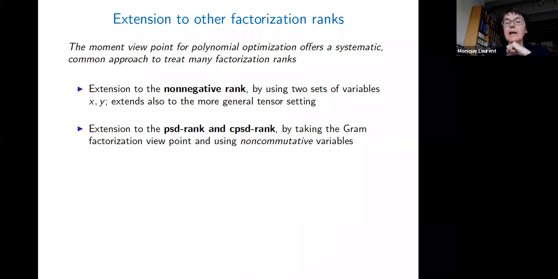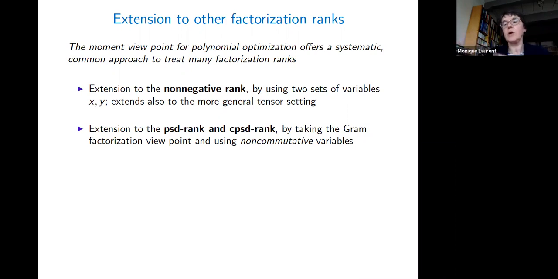I have described it only for the CP rank for the interest of time, but the same method works for the non-negative rank. You just need two sets of variables instead of one, the variables X and Y, because now it's the asymmetric setting. It extends to the PSD rank and the CPSD rank, but now you should take the Gram factorization approach, and use non-commutative variables because you will now have a variable X_i to model a PSD matrix.